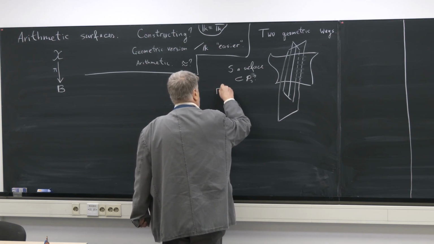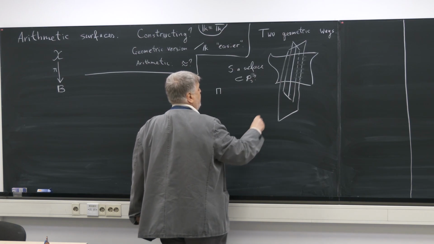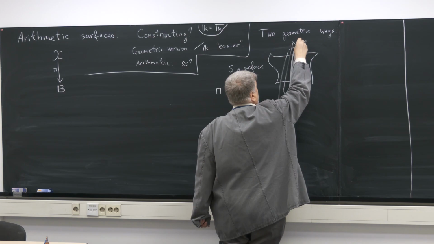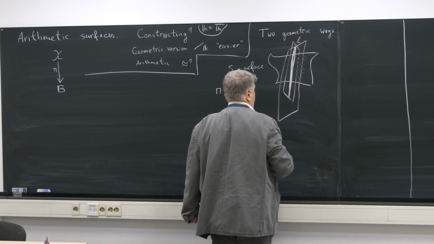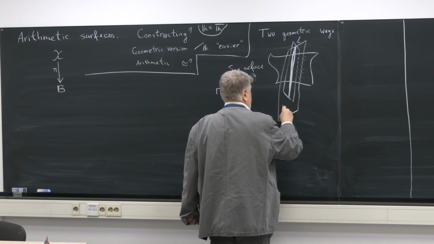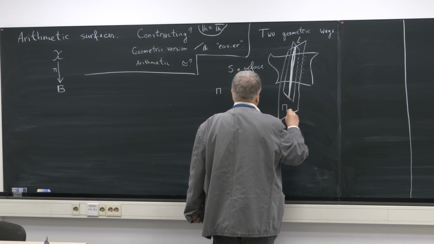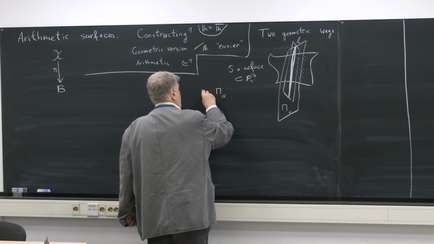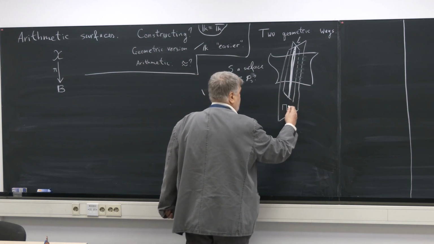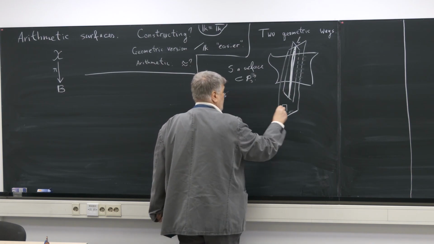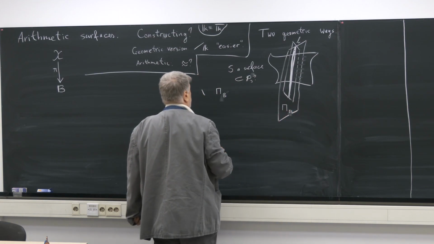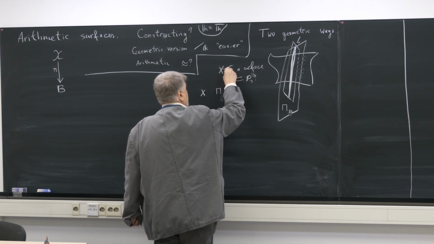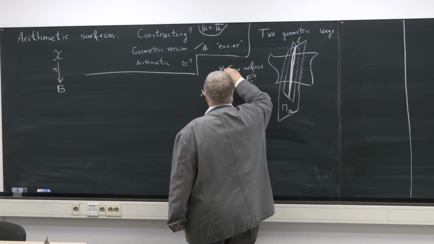Somehow, how do we parameterize it? So let it be a line L, and let then be pi sub b, the plane, and X, that is the total space of the family.